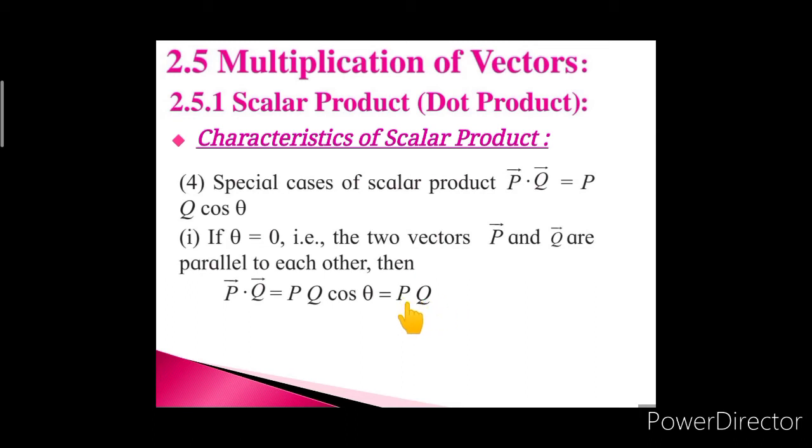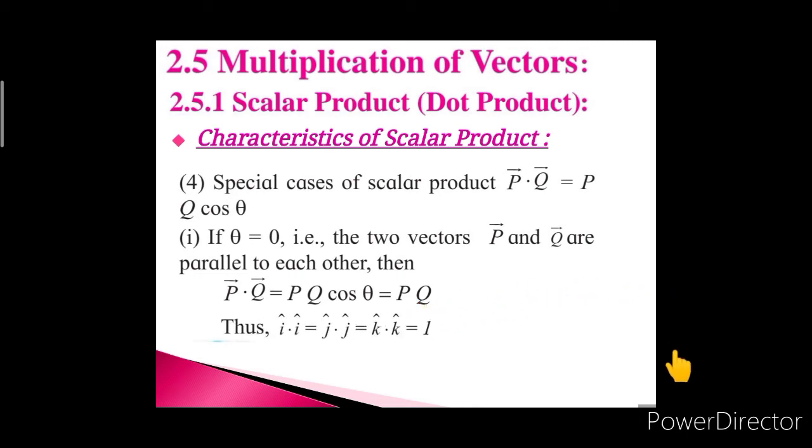That means when two vectors are multiplied together and the angle between them is 0, meaning the two vectors are parallel to each other, then the result of the multiplication will be the product of the magnitudes of the two vectors. Here we are taking the product of the magnitude of vector p and the magnitude of vector q.